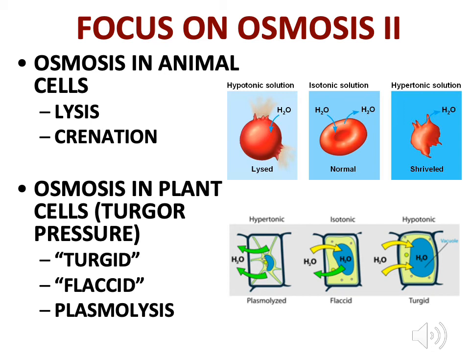We'll take a look at the central illustration first. Once again, this is the isotonic situation. In an isotonic situation, the concentration of the cytoplasm inside the plant cell is essentially the same as the environment around the plant cell, which means my net water movement is going to be zero. You'll see the yellow arrow indicating the movement of water into the cell, and the green arrow indicating the movement of water out of the cell are equal.